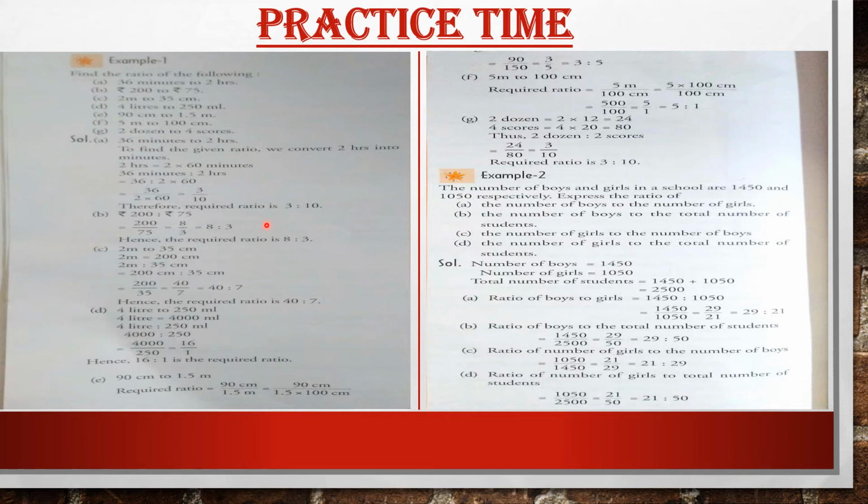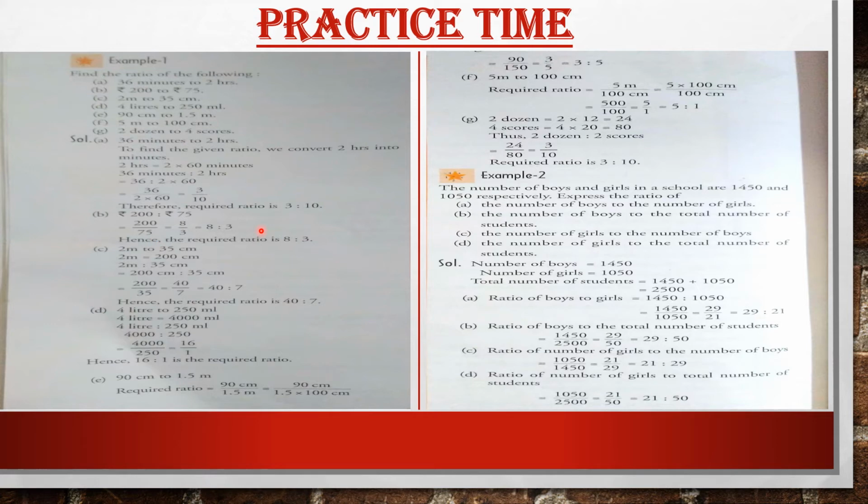Question B. 200 rupees to 75 rupees. In question B, you can see both the quantities have the same unit, rupees. Hence we can find the ratio as 200 rupees to 75 rupees equal to 200 by 75. Convert the ratio into a fraction.